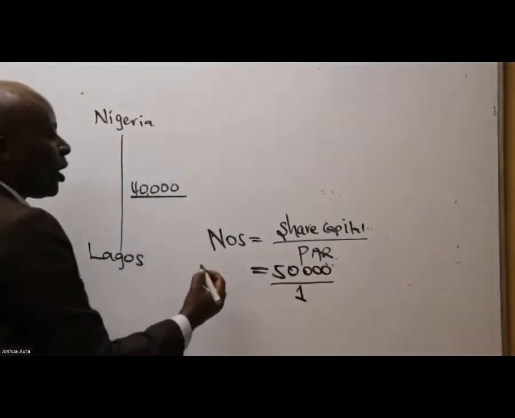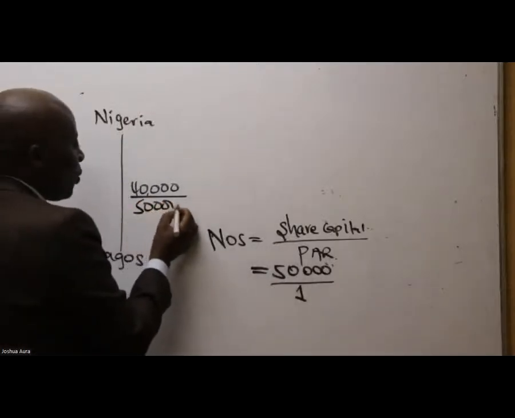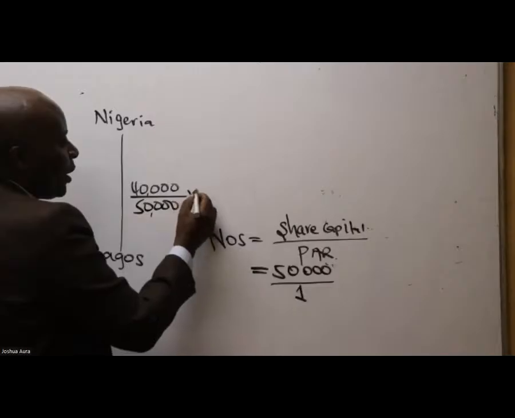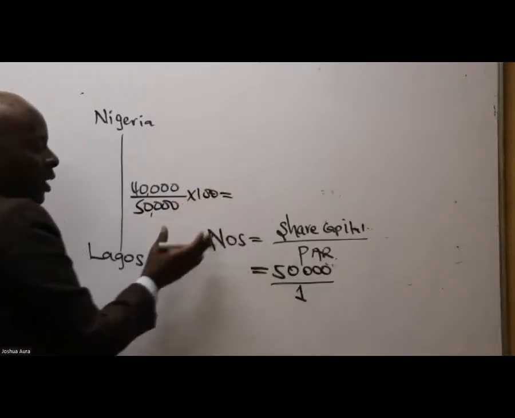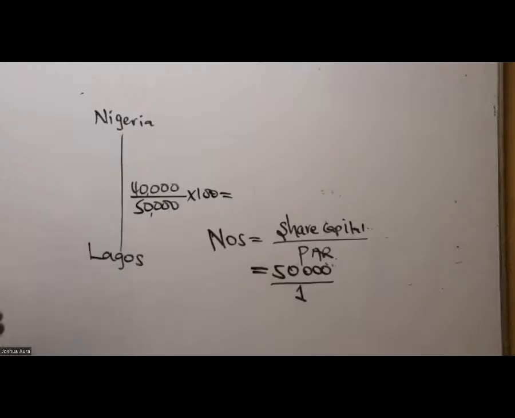So in total, the number of ordinary shares here is 50,000. This means 40,000 divided by 50,000 times 100. What shareholding is this in terms of percentage?